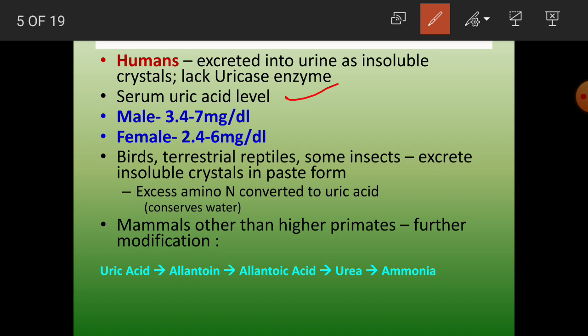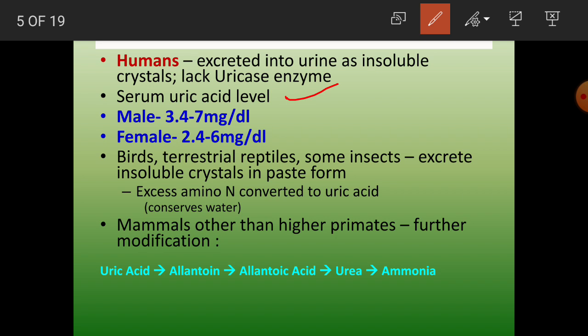This was my dissertation during MD, and I have found the normal level in controls is around 2 to 3. It should actually come under the hypouricemia level, but it is the normal level in our setup. Maybe because we take less non-veg, we have a more or less balanced diet in all regions of India. So probably for that reason we have less uric acid, but however we don't have a reference range for the Indian population.